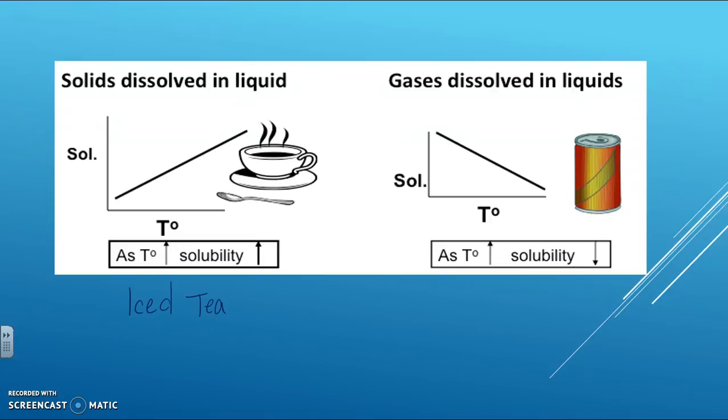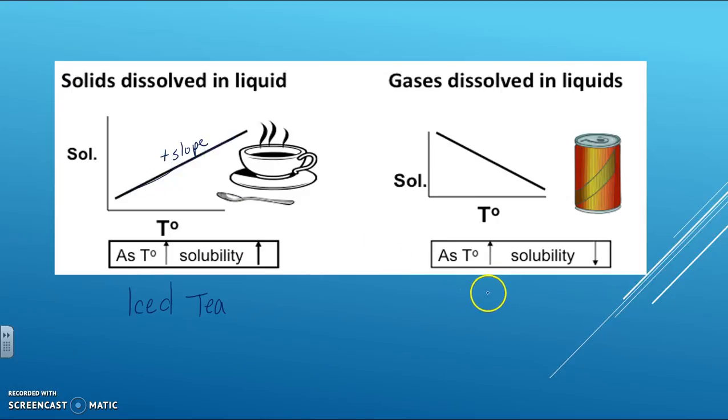Probably not. Okay, when's the best time to add your sugar? When it's warm. Why? Because the particles are moving faster and they're going to collide with each other more, and it's going to dissolve faster. Right? So solids will dissolve in liquids at a quicker rate, which gives us this nice linear line with a positive slope.